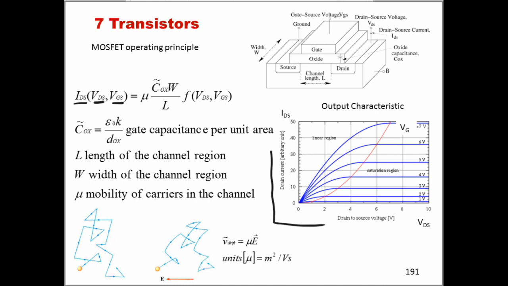Now, how should we expect this current to depend on the fundamental parameters of our device? So here is our planar MOSFET transistor.